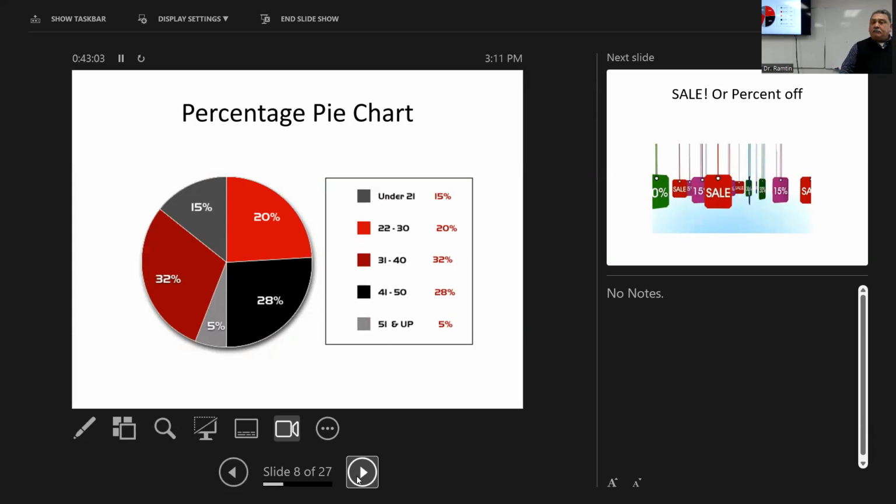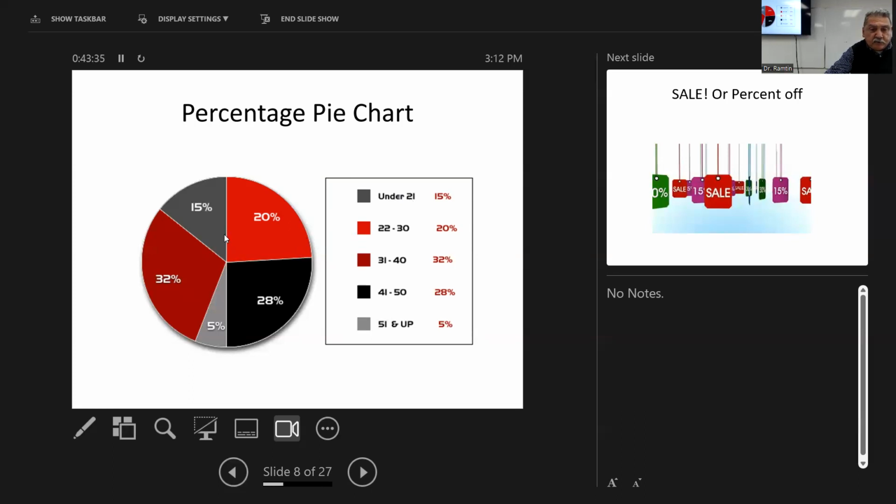Something that you will see in many places. In fact, this is a good thing to know regarding church ministry, in a study of your congregation, your people. It's called a percentage pie chart. In a church, you figure out, for example, the people who are under 21 age, there are 15% here.